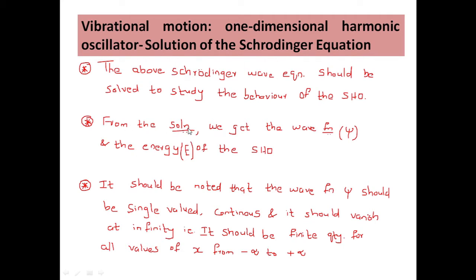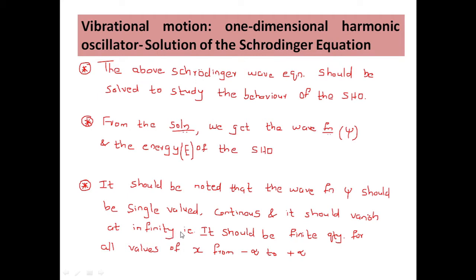Now from the solution, we get a wave function psi which represents the simple harmonic oscillator, and the energy E of the simple harmonic oscillator. We again note that the wave function psi should be single valued, it should be continuous, and it should vanish at infinity.